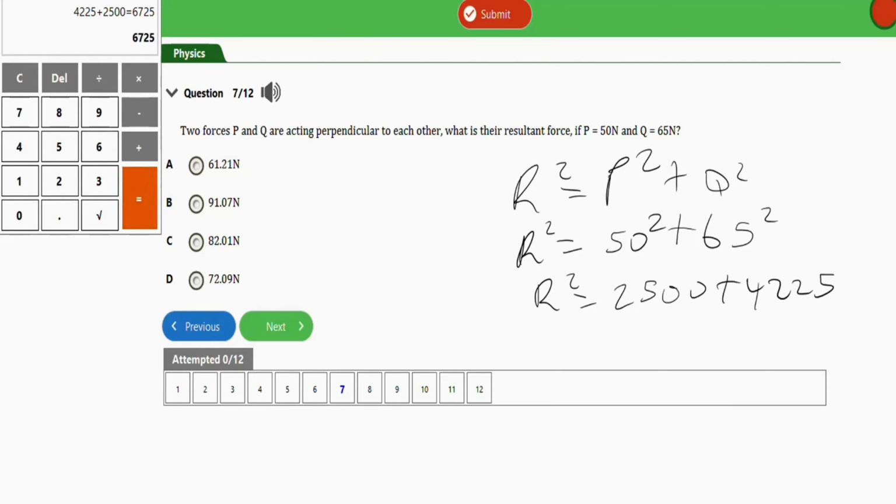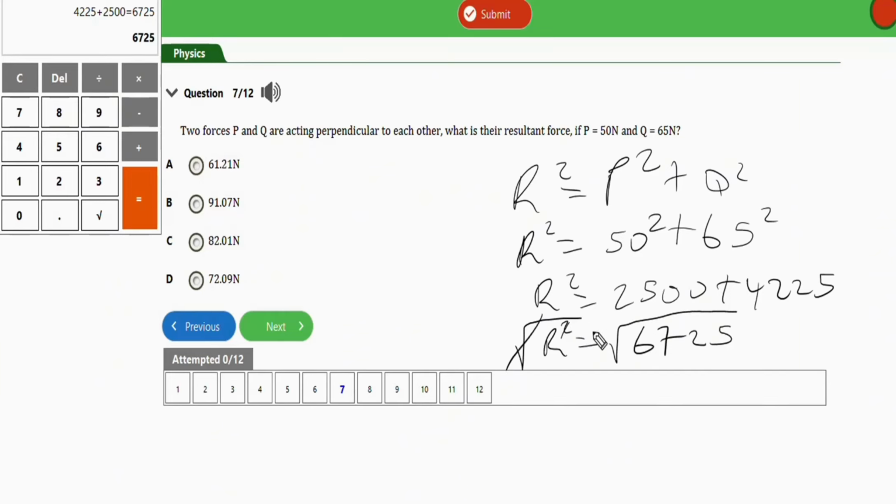So at this juncture we are left with R square equals 6725. So you square root both sides, remove the square here.